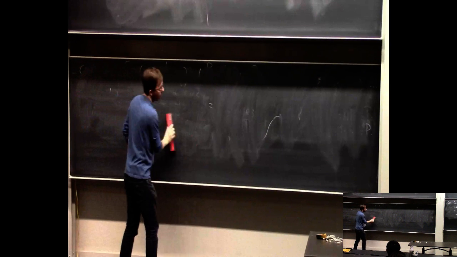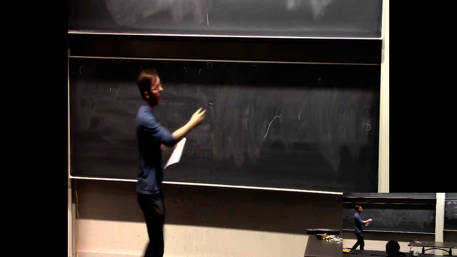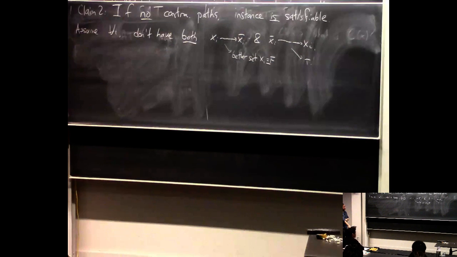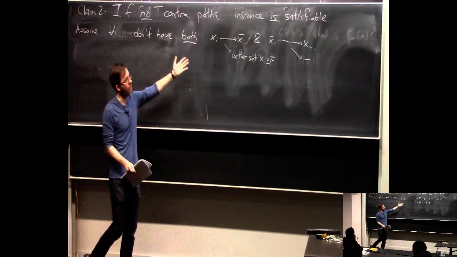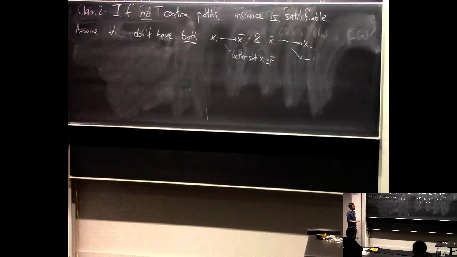In that case, you should just set the variable the way you have to. That implies you have to set some more variables, like the successors of that variable, in certain ways, and so forth. It's quite similar to one of the homework problems. And then sometimes you have a choice. Maybe neither path exists, and in that case it's OK to set it either way.